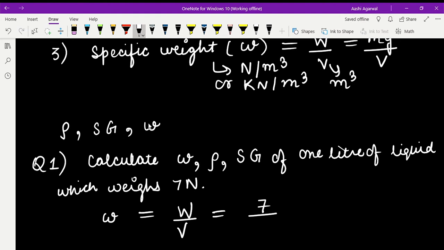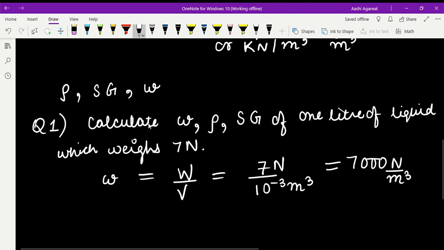Now 1 liter is how many meter cubes? 10 to the power minus 3 meter cube. Because I am dealing in the standard unit, that is why I am writing it in terms of meter cube. So what will be the specific weight? It will be 7,000 Newton per meter cube. So this will be your specific weight.